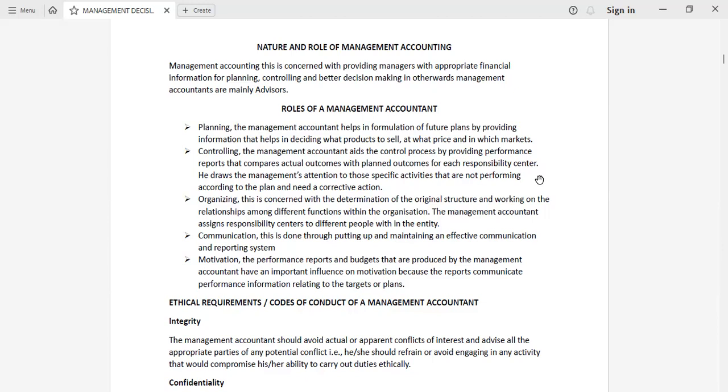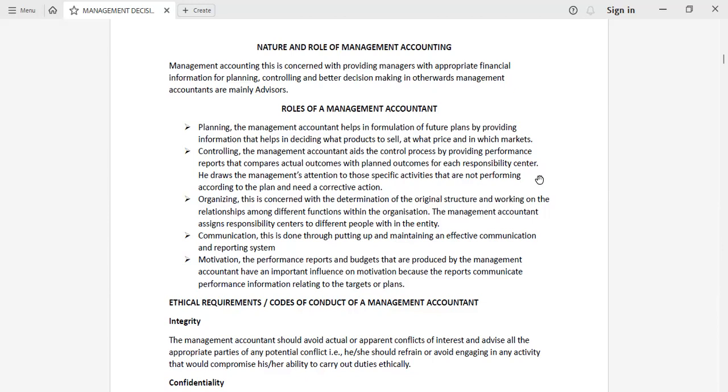Because if these management accountants are creating plans, after assigning targets to every department, they are going to make performance evaluations, and they evaluate each department vis-a-vis the targets, the actual performance against the target performance.